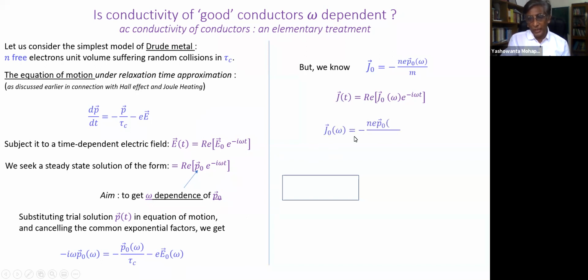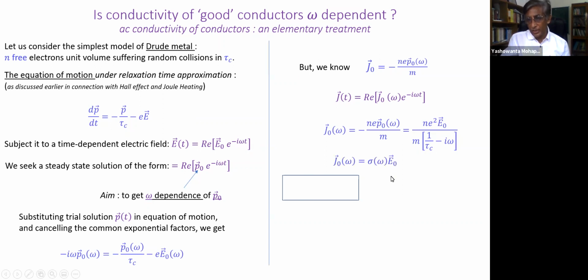So J naught of omega I can write down as minus n e p naught of omega by m, which from here is n e squared E naught by m times 1 by (1 by tau c minus i omega). I just solve for p naught from here and plug this into my J naught of omega.